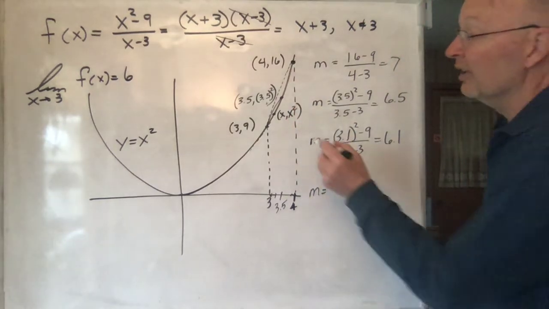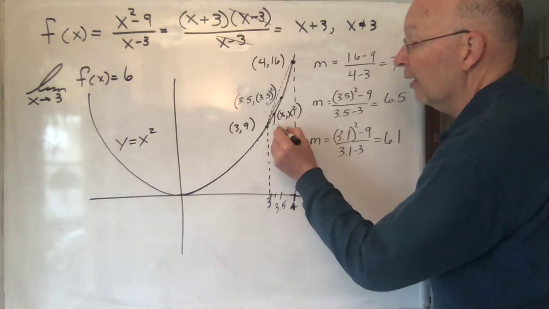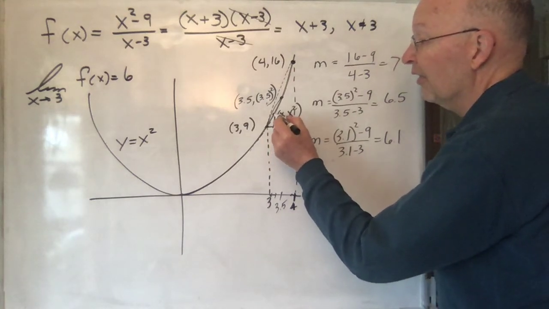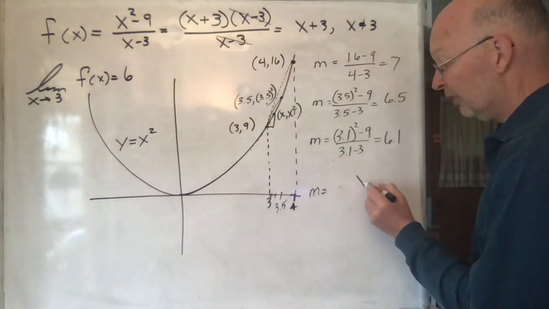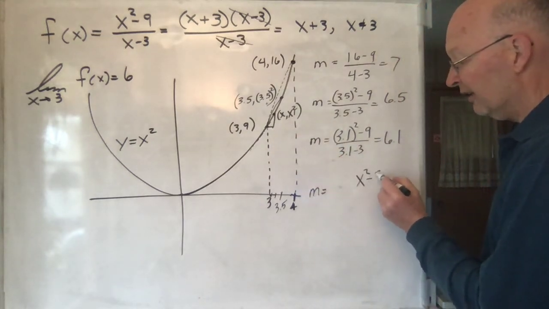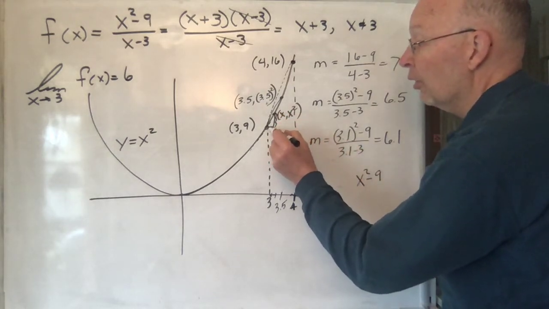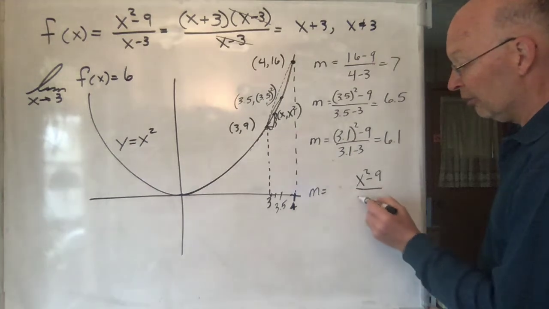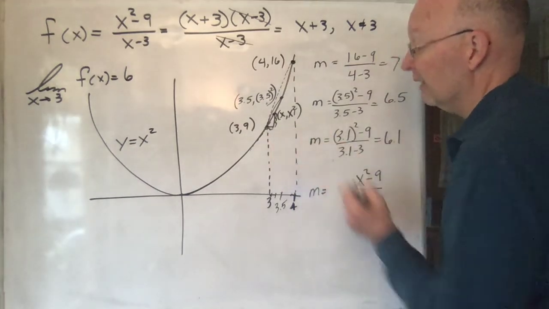What we're really interested in is the slope of this secant line right here, which is going to be x squared minus 9, the change in the y values, over the change in the x values, which is x minus 3.